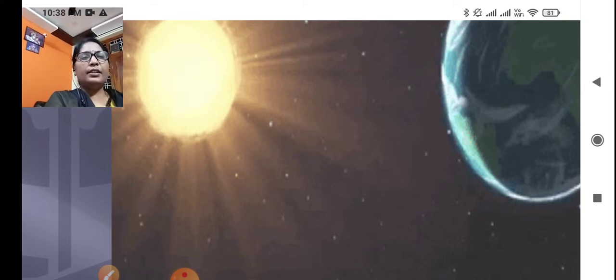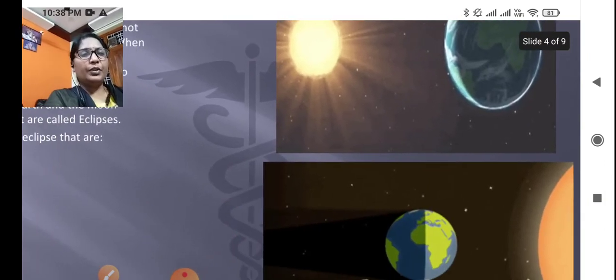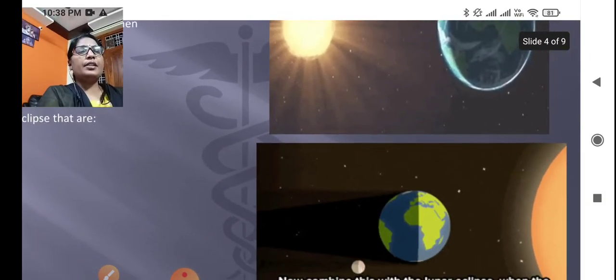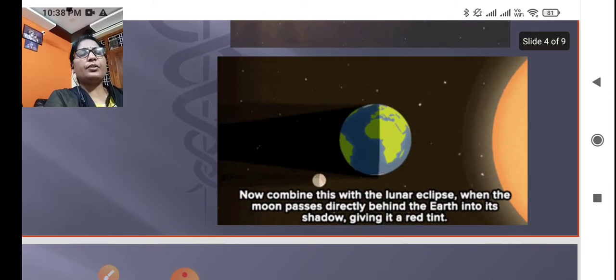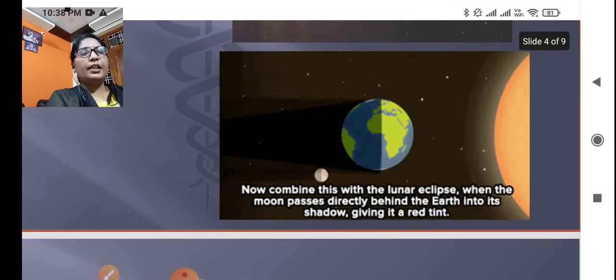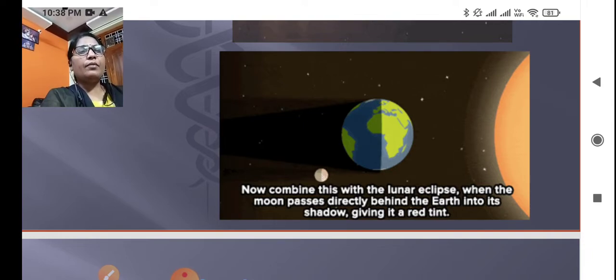When the earth comes in between the sun and the moon, you can see in this picture very clearly the earth is blocking. The earth came in the way of light, so the light cannot reach the moon.